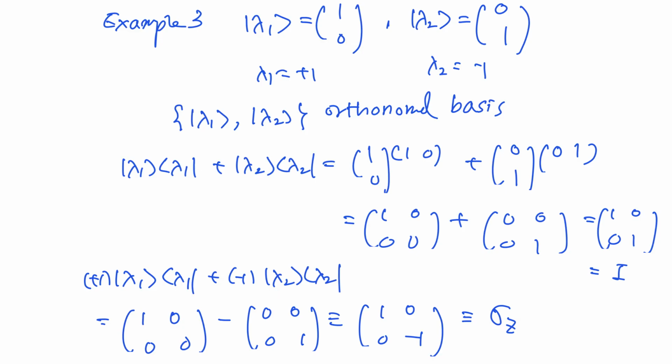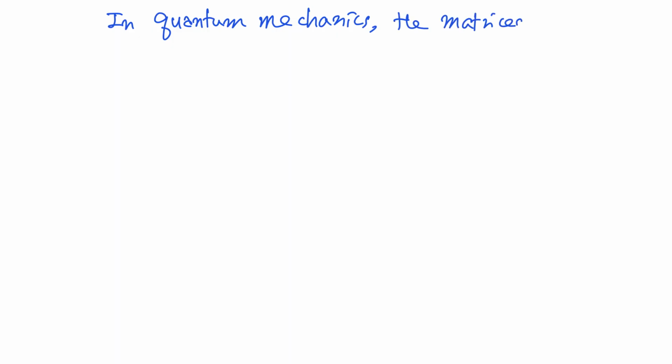In quantum mechanics, these three matrices are called Pauli matrices. In quantum mechanics, the matrices sigma x, sigma y, sigma z are called Pauli matrices.